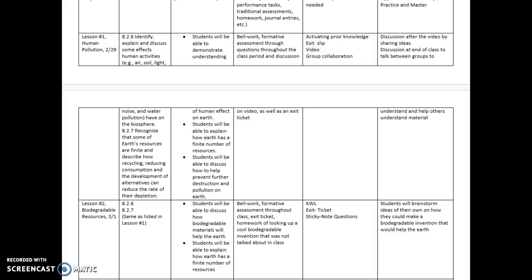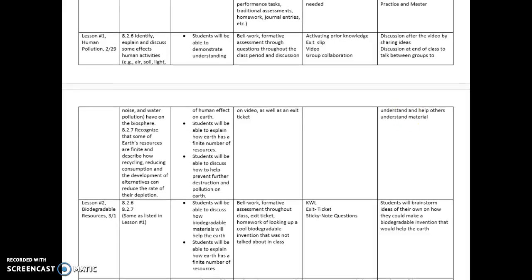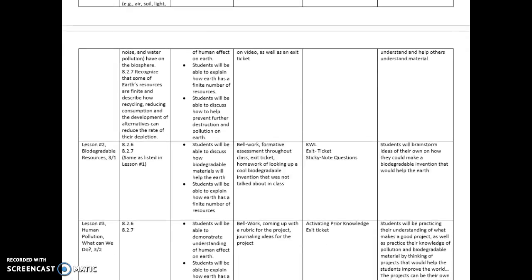They'll have to cover and explain and discuss some effects of human activities all within that. So the standards are all going to be in their project, but the main point of their project is to allow them to inquire about whatever information they want to know about their project.